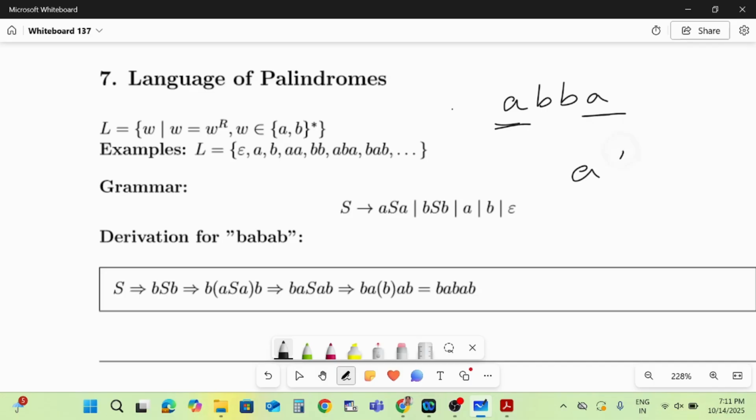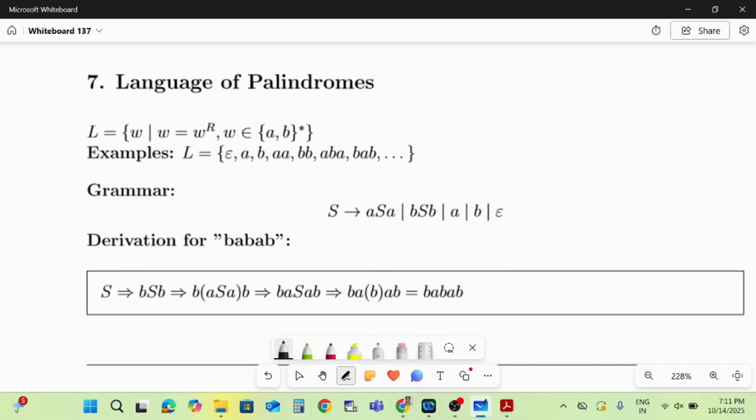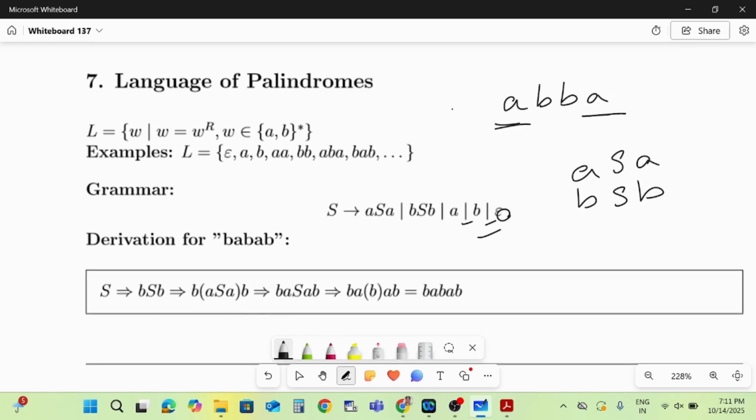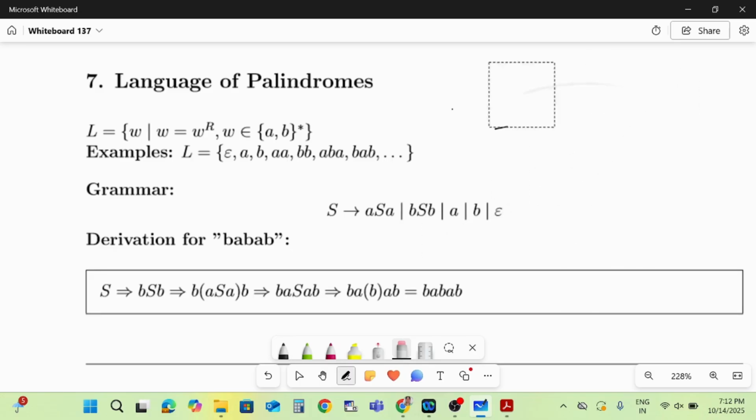So it is aSa or bSb. If it is an odd length palindrome, it has to be terminated with a or b. If it is an even length palindrome, it is terminated with epsilon. So this is how you should be able to write a context-free grammar for a palindrome.